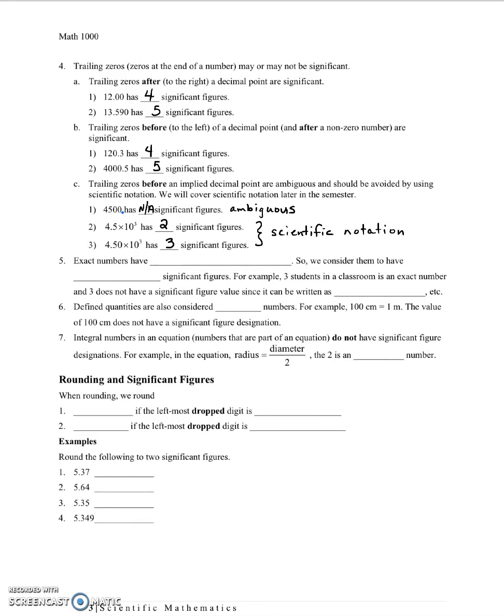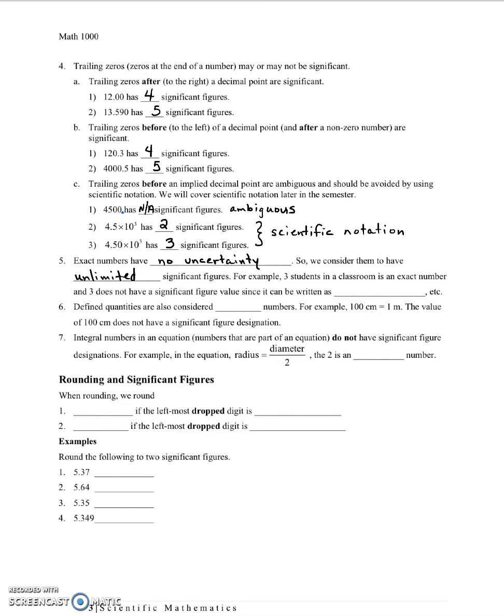So the only other thing we have to look at is what we call exact numbers. And the exact numbers have no uncertainty. They're exact. So that means they have an unlimited number of significant figures. They can have as many or as few significant figures as we want.